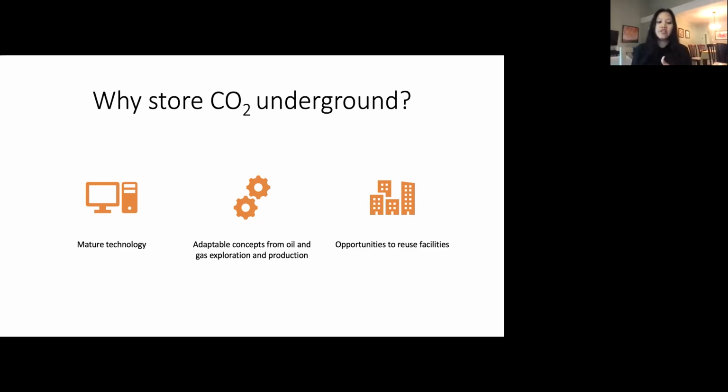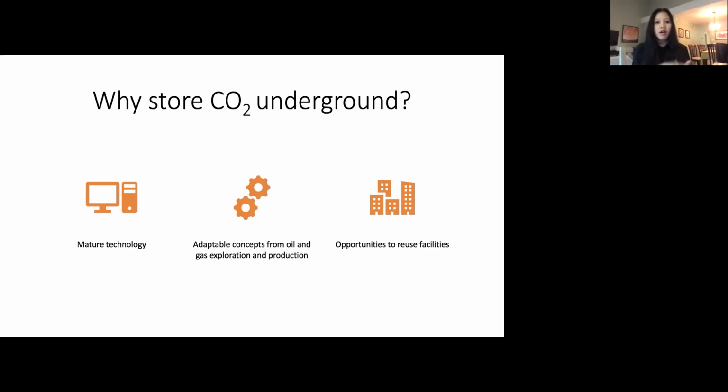But before we go there, because of the close ties to the oil and gas industry, the reason we're storing CO2 underground is that there's an opportunity to reuse the facilities. We want to reach carbon neutral. Many countries have carbon neutral goals, and the most prominent action they're taking is to produce more and more energy from renewable sources.